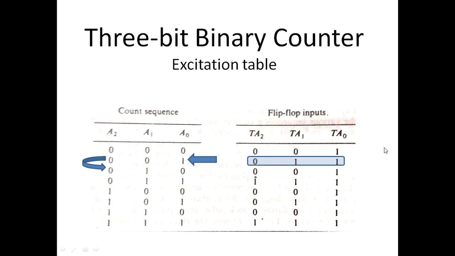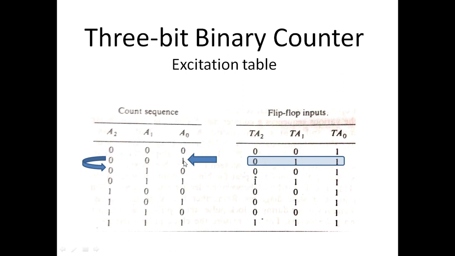Similarly, this arrow represents the current state. When we are at 0, 0, 1, and we want to move to this state, we have to toggle the state of A0, we have to toggle the state of flip-flop 1, and we have to keep the current state of flip-flop 2.